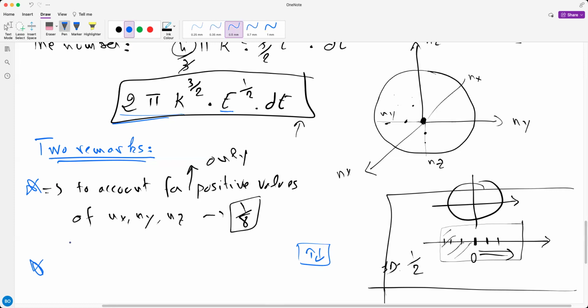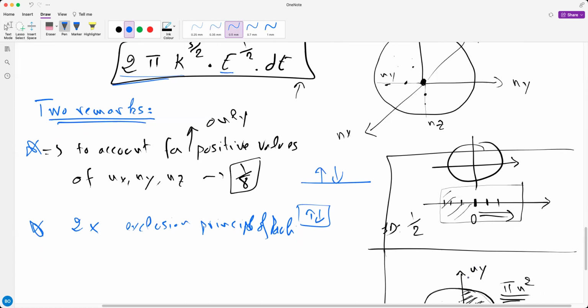This means in each state you can have up to two electrons. So you have to multiply by 2. Please don't forget this. This is the exclusion principle of Pauli. You remember we have a state here, an energy, and I can have up to 2 electrons here. So you have to multiply by 2.